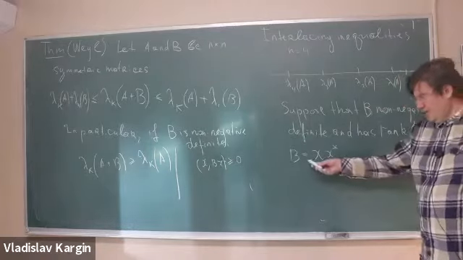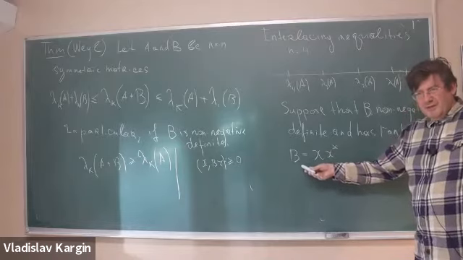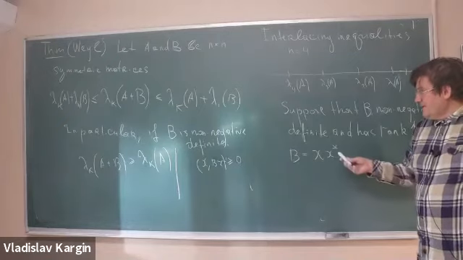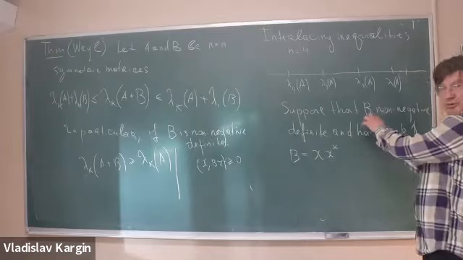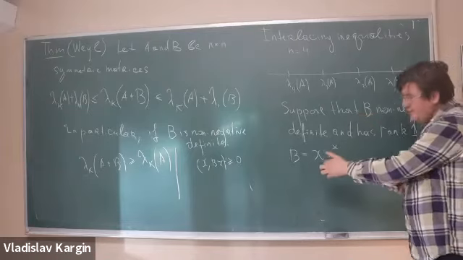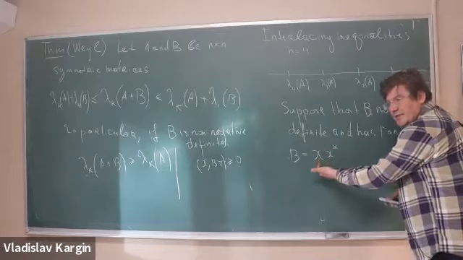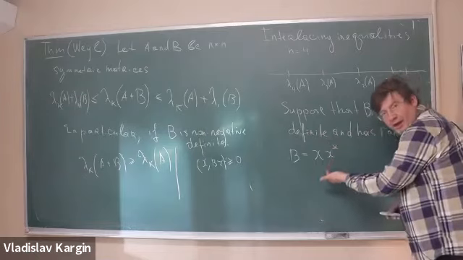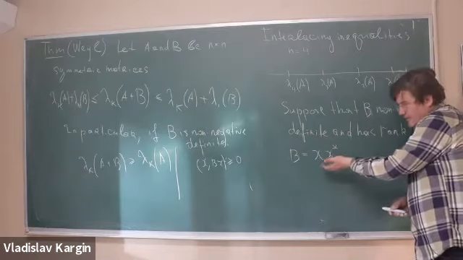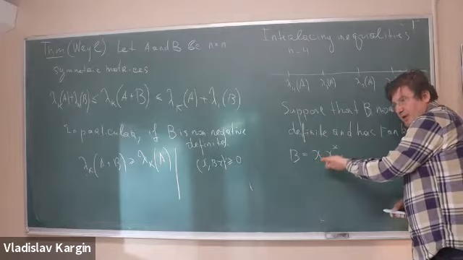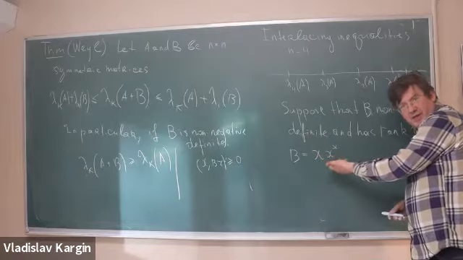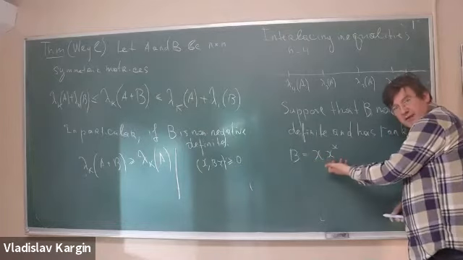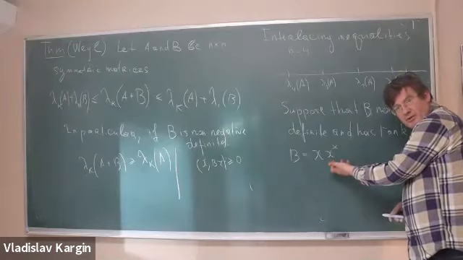Every rank 1 matrix can be written in this form for some x. It's also symmetric; we always assume that this is symmetric. If it's not symmetric, then it will be written as a column vector x multiplied by y star, where y is another vector. But if you also assume that it is symmetric, then x should be equal to y, so this will be x x star.